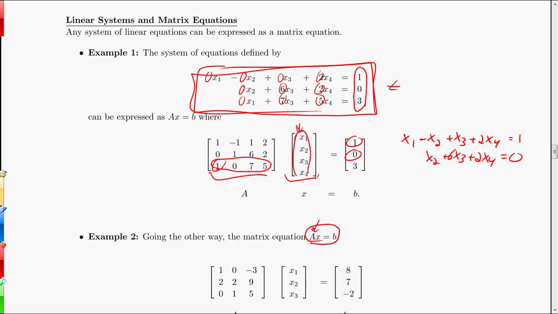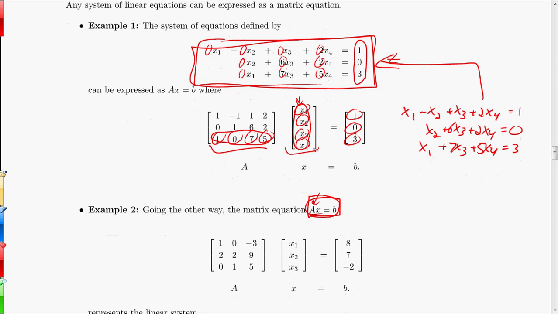I'm going to have 1 times x1, so I get x1, plus 0 times x2, so I don't worry about that, plus 7 times x3, plus 5 times x4, equals 3. So this system of equations, written with a great deal of time and effort, is actually written quite simply and efficiently in matrix form.